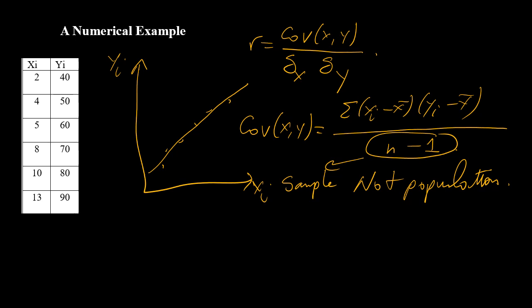If we want to calculate the standard deviation of x, we can say the standard deviation of x equals the square root of the sum of x values minus the mean of x, all squared, divided by n minus 1.